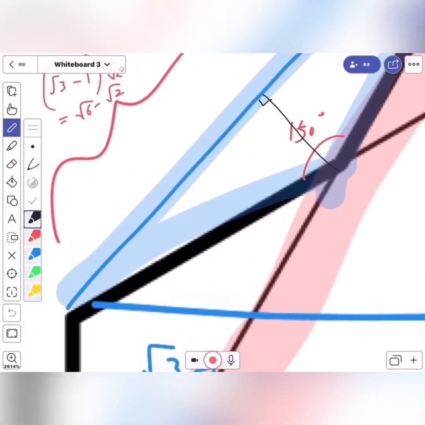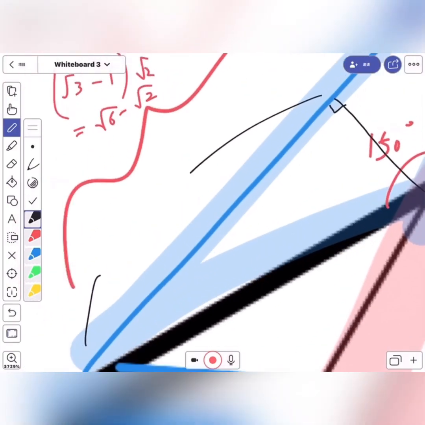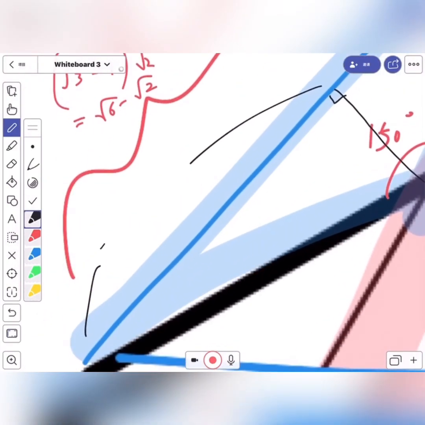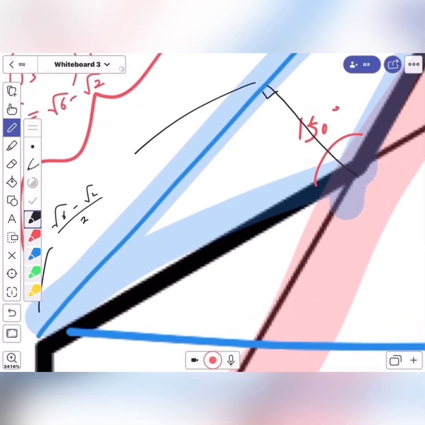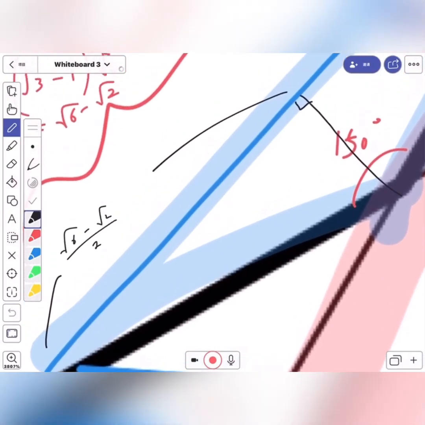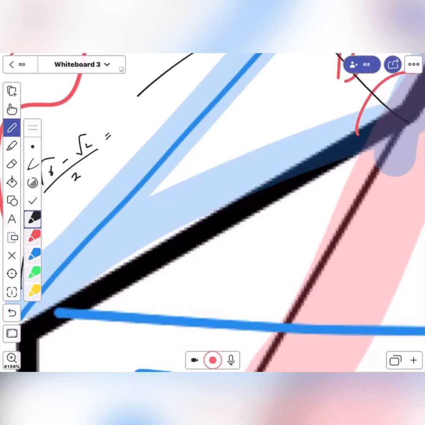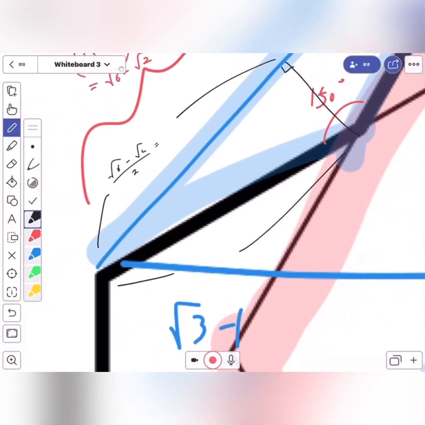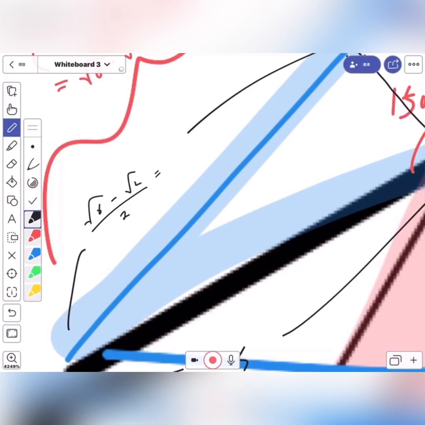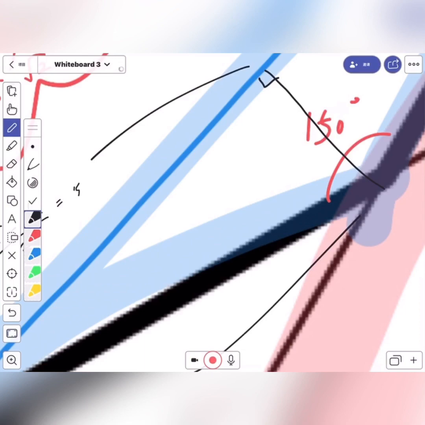Now this side length is just gonna be root 6 minus root 2 over 2. And let's just call this side S. That is actually equal to S times sine of 75 degrees.